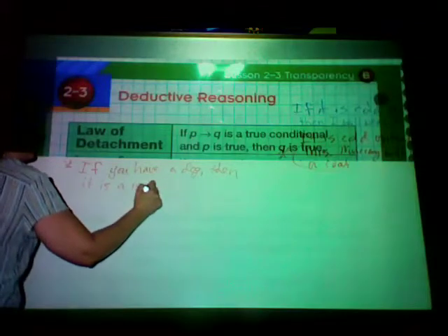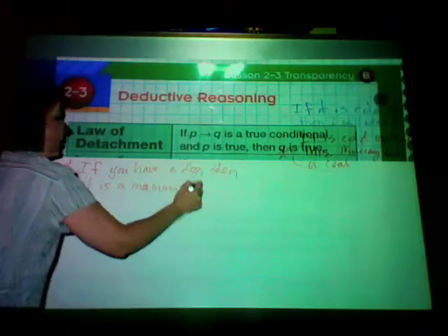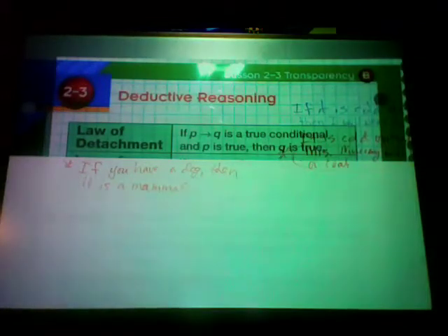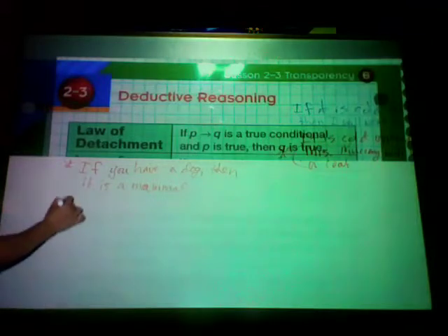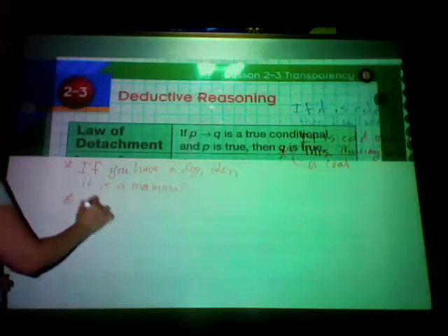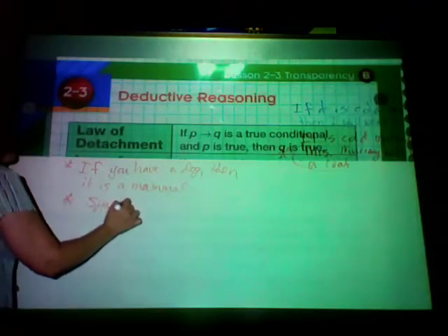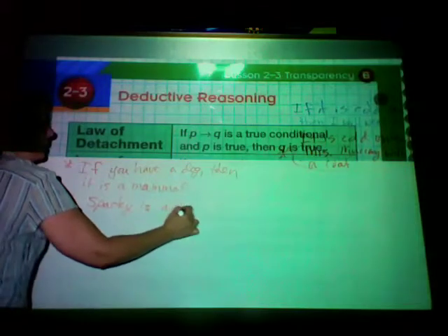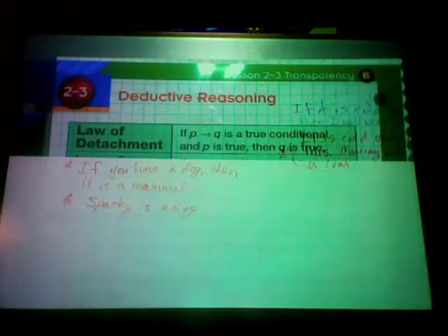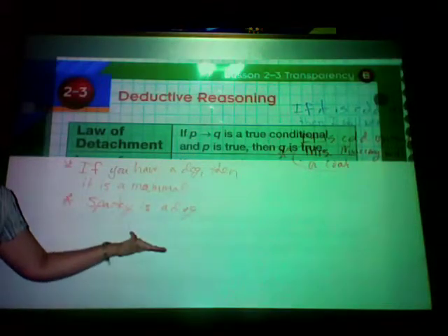Is that true? Are dogs mammals? Yeah, hopefully you've learned that, right? Then the partial conditional will say Sparky is a dog. What can you conclude? Sparky is a mammal.